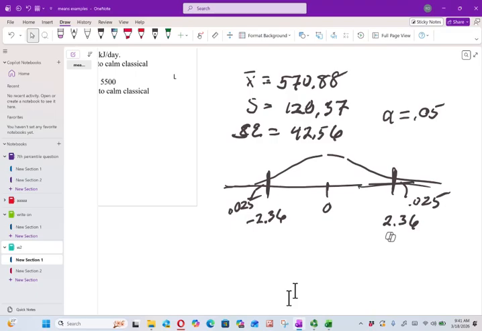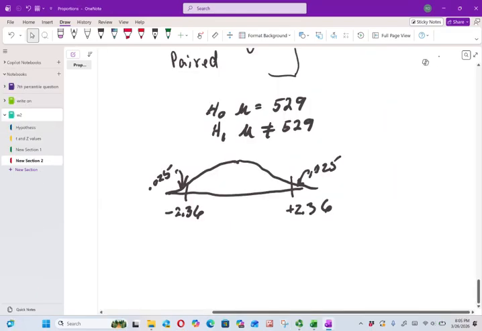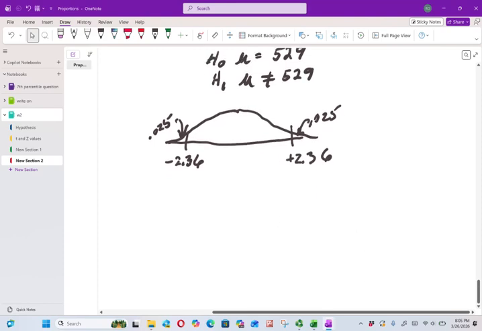So my average is 570, 571 basically. How many standard errors above or below the hypothesized value is that? It is how far the sample average is from the hypothesized average measured in standard errors.